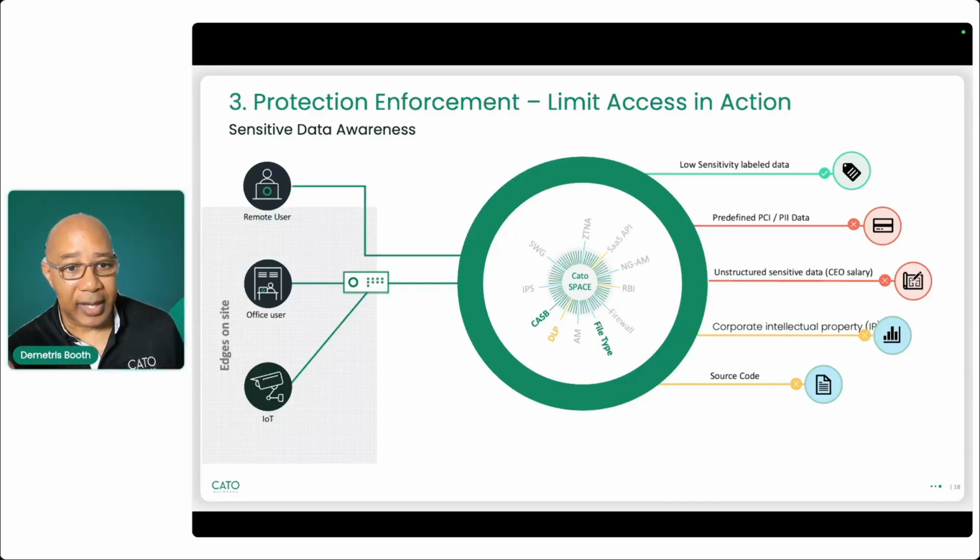Basically, all of this is the same policy, the same engine. Wherever the users are connecting, wherever the data is traveling, whether you're remote, in the office, or unmanaged, we can limit the access and the action, thus limiting the potential damage that can be done with that particular data.